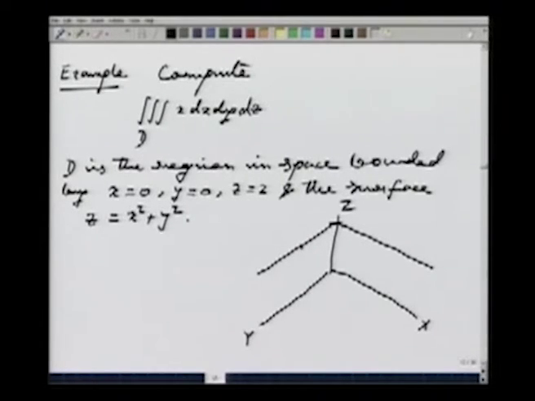So my region D I can very easily draw now. This is the intersection of z equals x square plus y square. So what is the region now? It is actually the inside portion. So how do I draw it? Okay. So this is the region on which I want to integrate my function x dx dy dz.